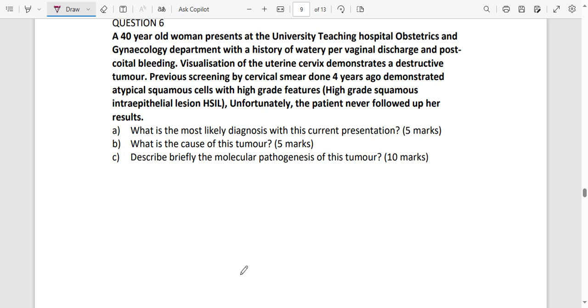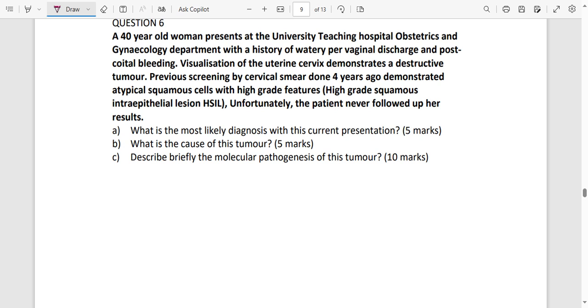Previous screening by cervical smear done 4 years ago demonstrated atypical squamous cells with high-grade features, high-grade squamous intraepithelial lesion (HSIL). Unfortunately, the patient never followed up her result. What is the most likely diagnosis with this current presentation?